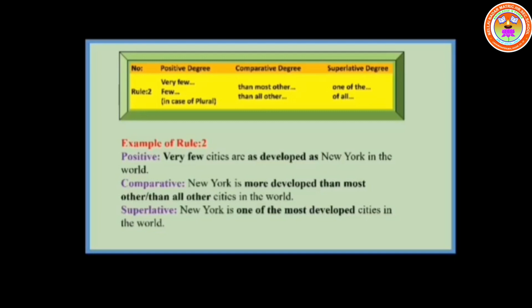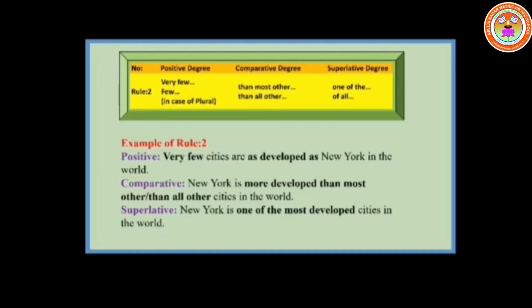In positive degree: very few cities are as developed as New York in the world. Here the adjective word developed is changed into more developed in comparative and most developed in superlative.